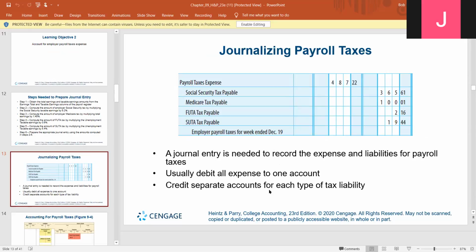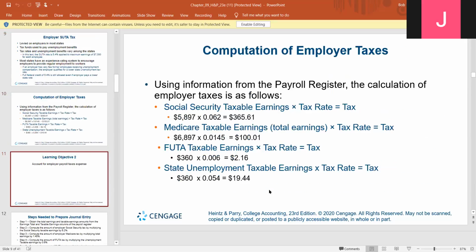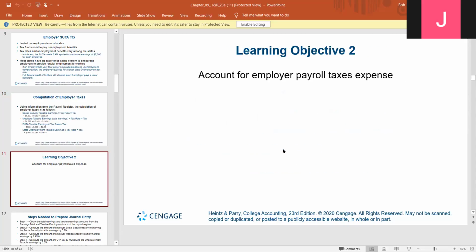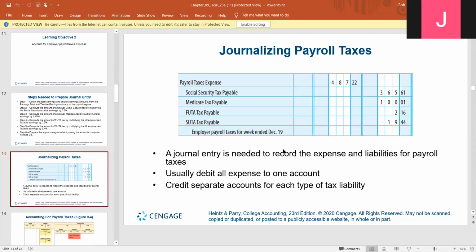So let's see what we have here. Payroll tax expense, $487.22. And that looks like it's these numbers here, 365.61, 100.01. Take a look at it. There's your journal entry. Keep in mind, this has nothing at all to do with the employees.